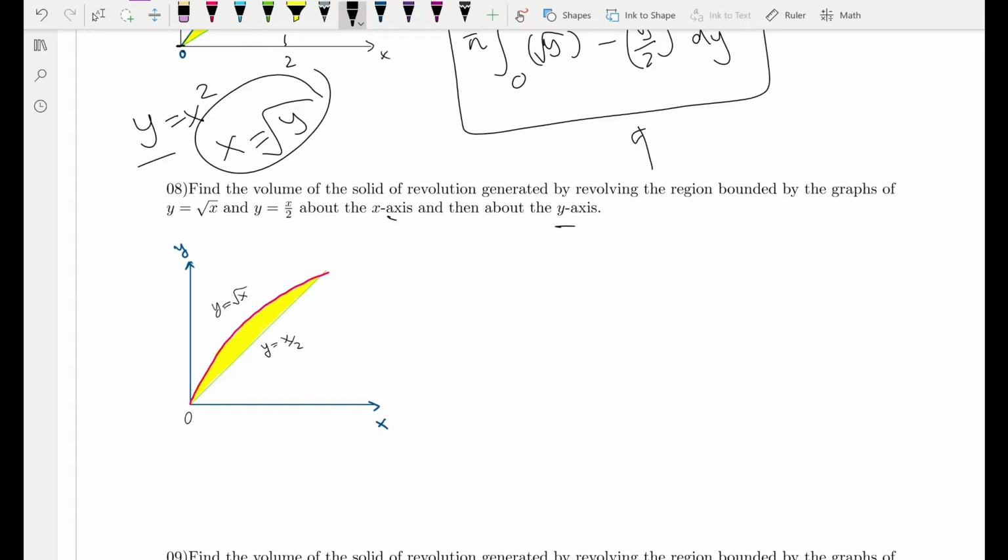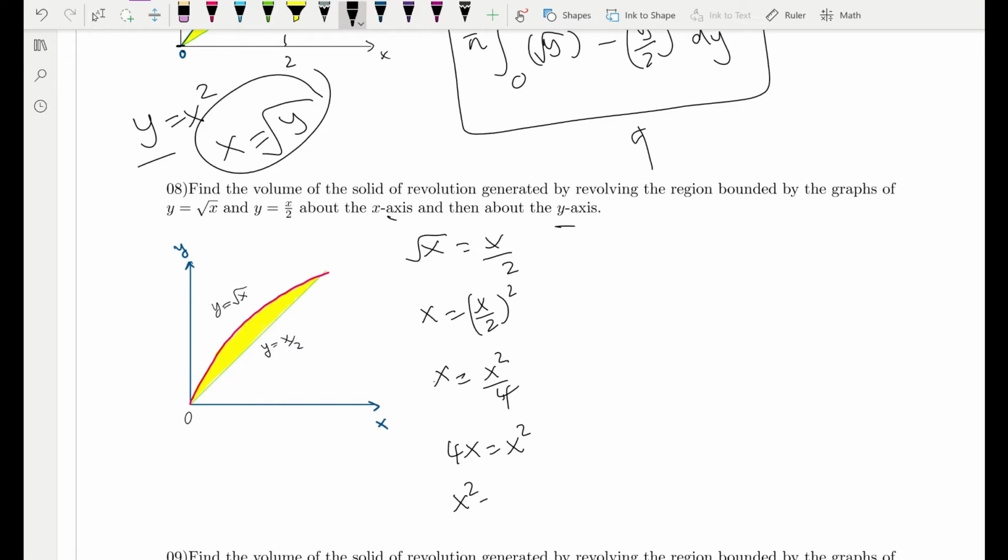So let's find the intersection x points. It's where you meet both curves. Now you square both sides because I want to get rid of the square root of x. So x is equal to x over 2 squared. If you square both sides, square root x is going to be x. So x is equal to x squared over 4. I take 4 to the left, so 4x equals x squared.